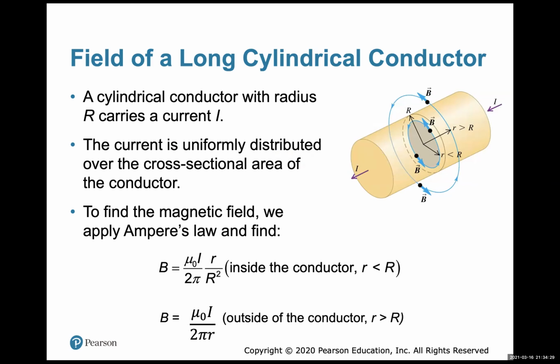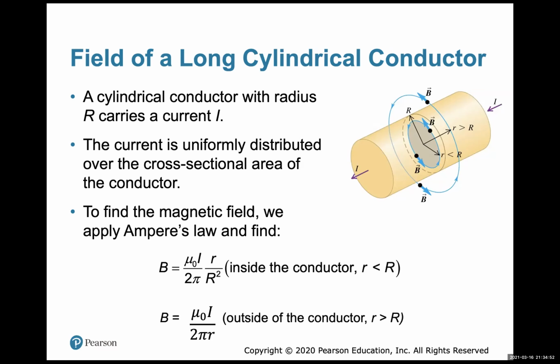Okay, to find the magnetic field at all radial points, we consider Amperian loops, one within the material out to some small radius r, inside the larger radius capital R. And we do the same thing again.